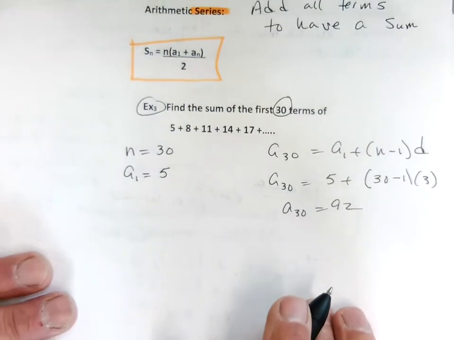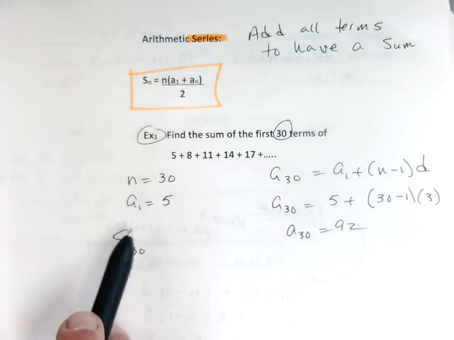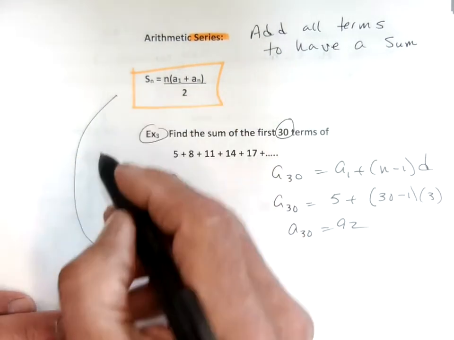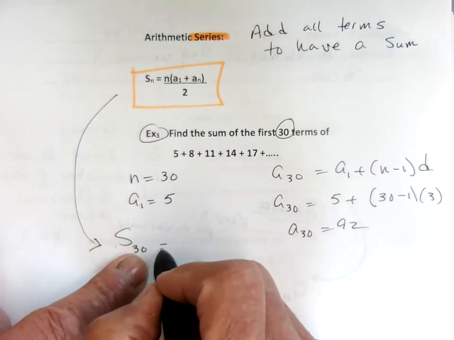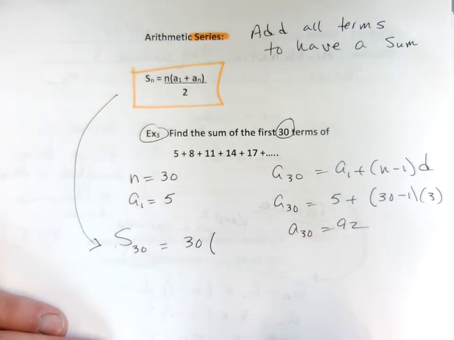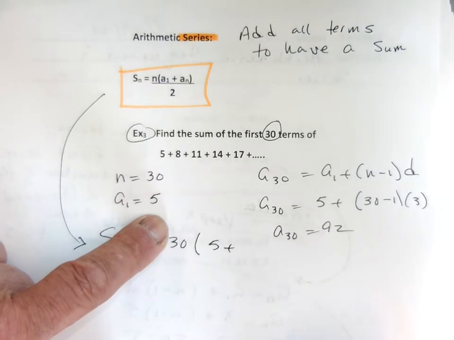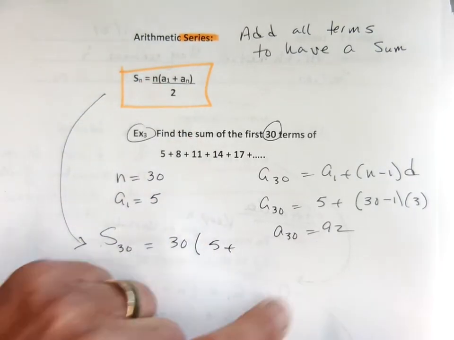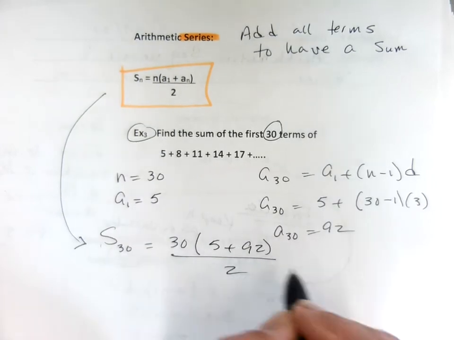So then my formula says S of 30, because that S stands for the sum. So I'm using this formula here, okay? S of 30 is equal to n, which is the number of terms, which is 30, times A1, we know the first term is 5, plus the last term, we know the last term is 92 because we found it, divided by 2.